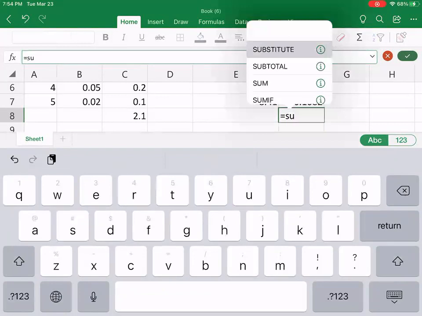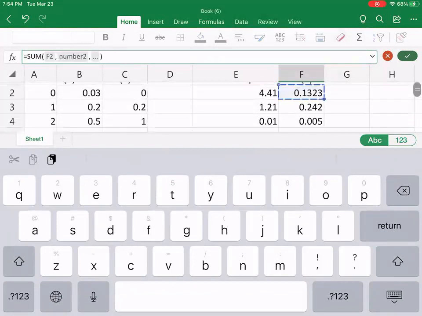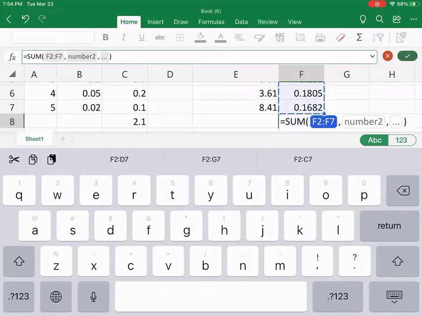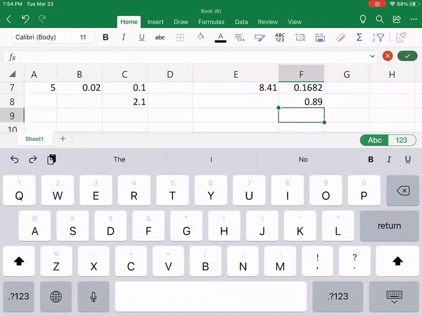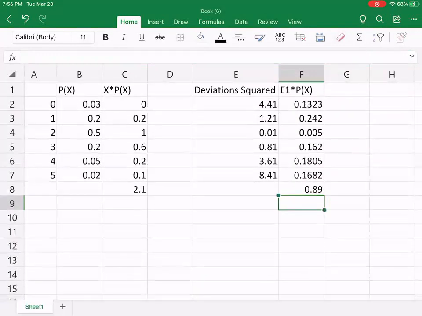So I'm going to go to sum. And I want the sum of all of these numbers. There you go. Here is the standard deviation, 0.89.